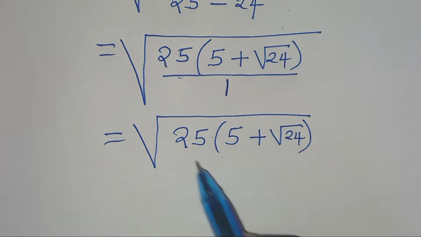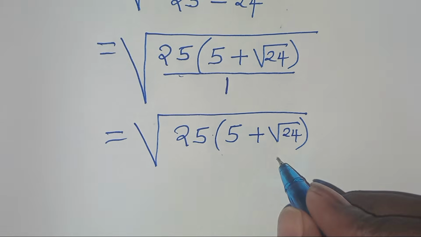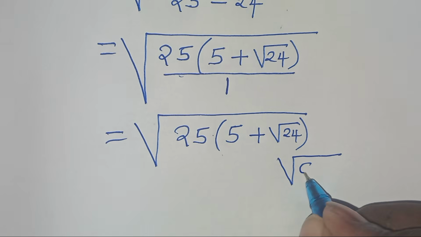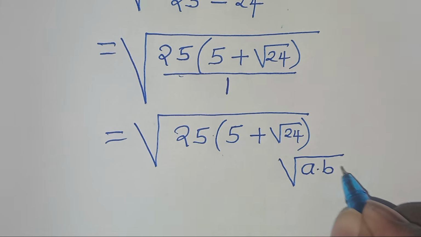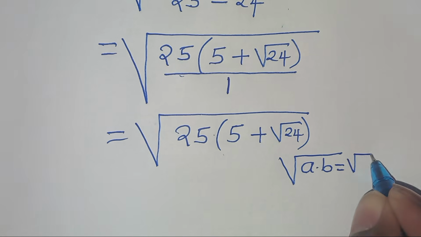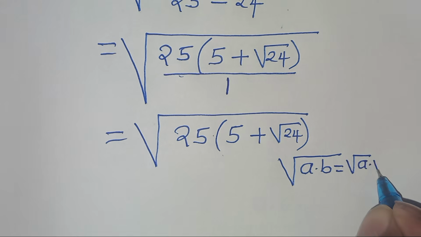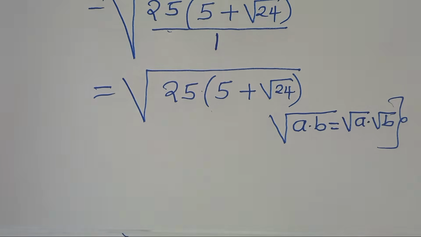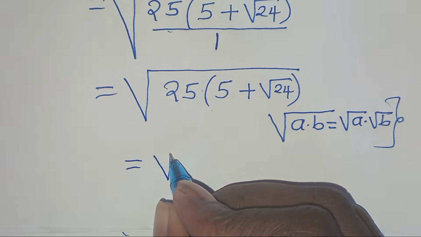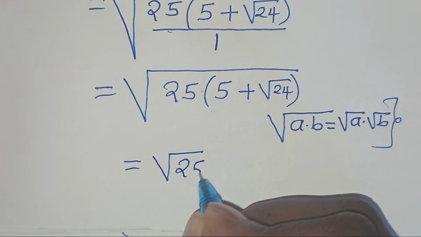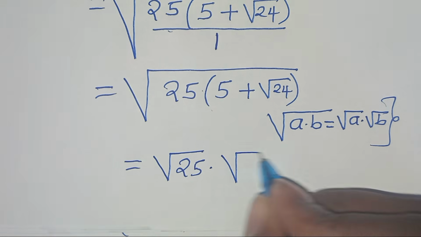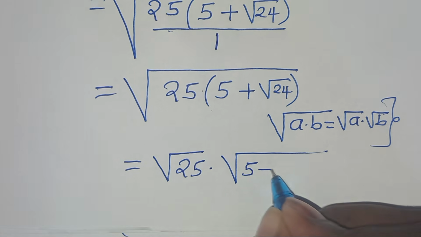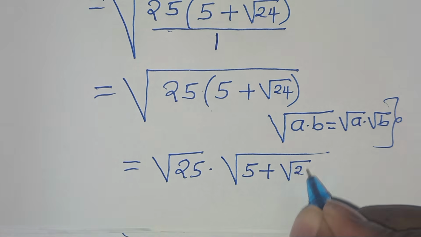Now, if you check here, this is in the form of root a multiplied by b, which we can express as root a multiplied by root b. This implies that here we have root 25 multiplied by root 5 plus root 24.